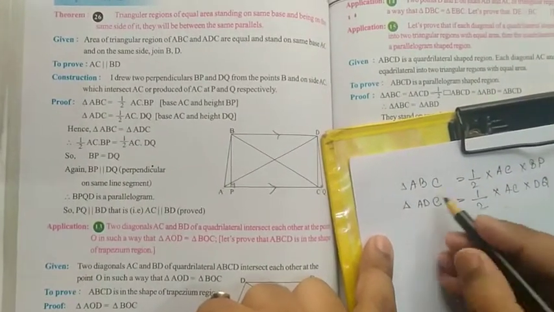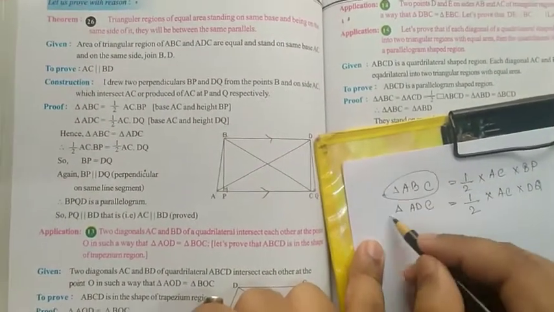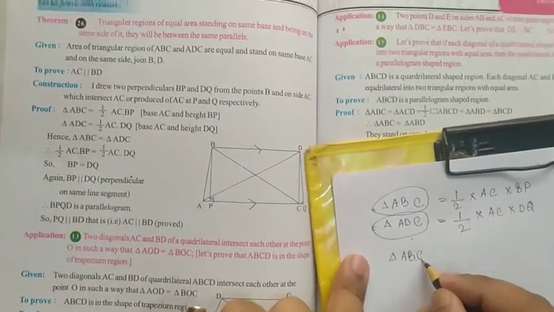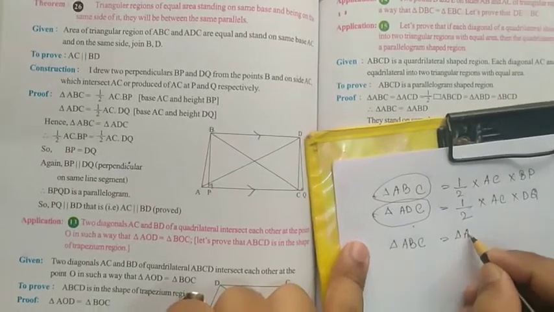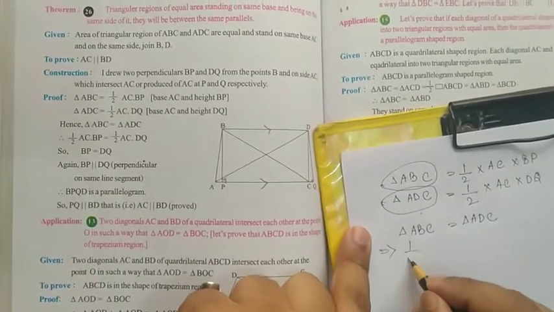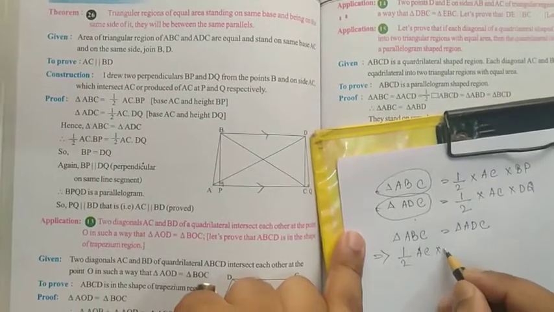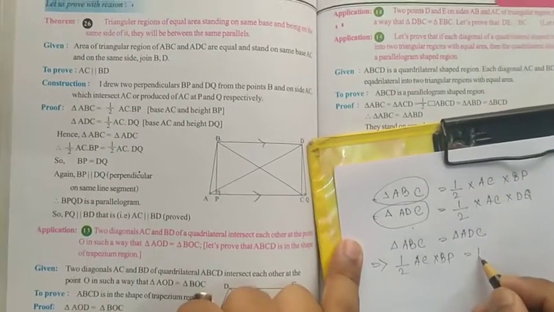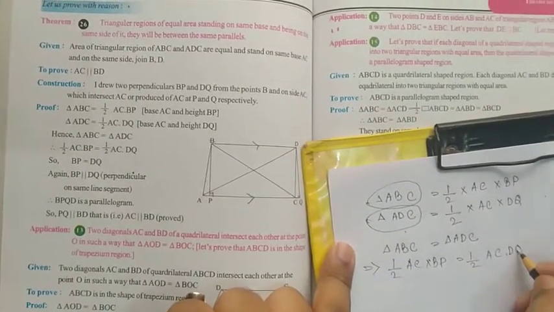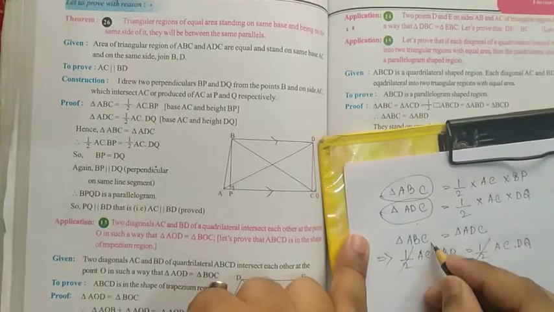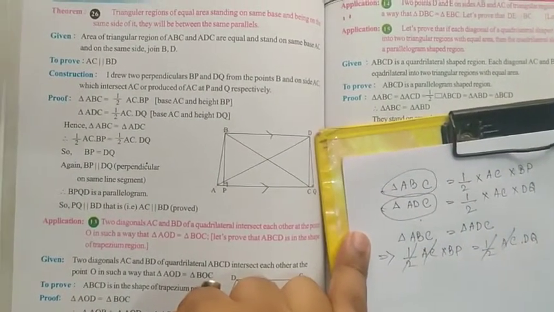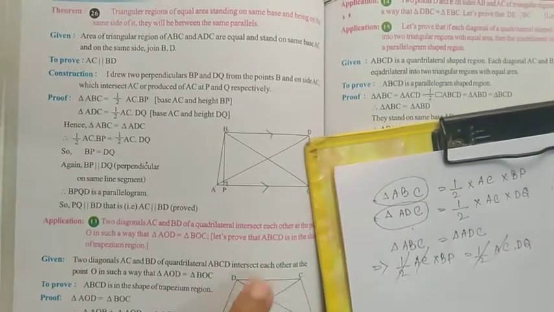So therefore we know both the areas are equal. So we can write triangle ABC equals triangle ADC, therefore half into AC into BP equals half into AC into DQ. So if we deduct that, we can say BP equals DQ.